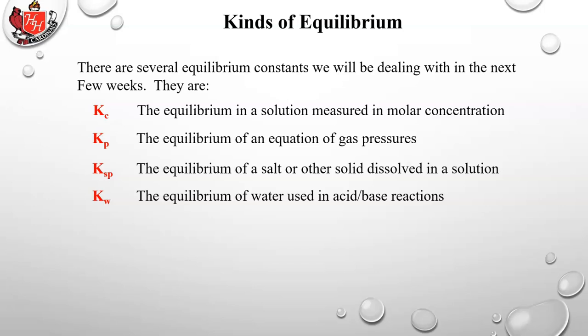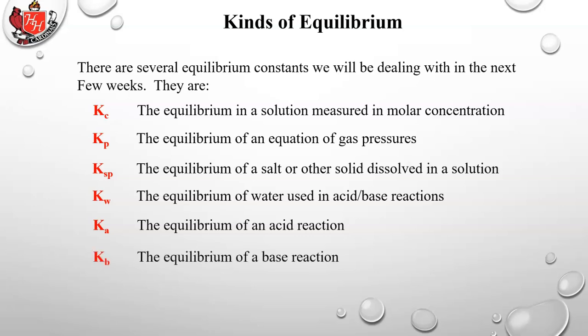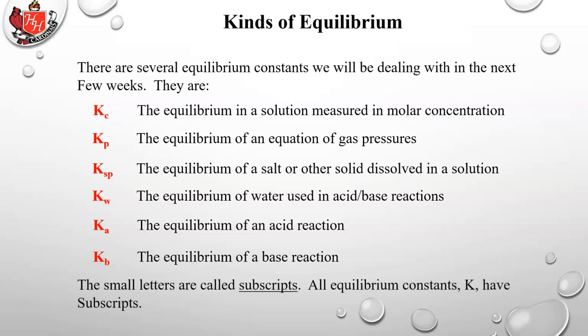Kw, the equilibrium of water used in an acid-base reaction; Ka, the equilibrium of an acid reaction known as the acid dissociation constant; and Kb, the equilibrium of a base reaction known as the base dissociation constant. The small letters are called subscripts. All equilibrium constants K have subscripts.